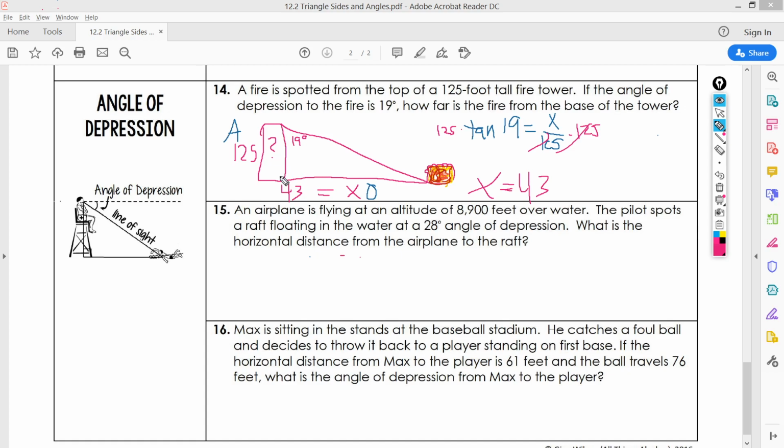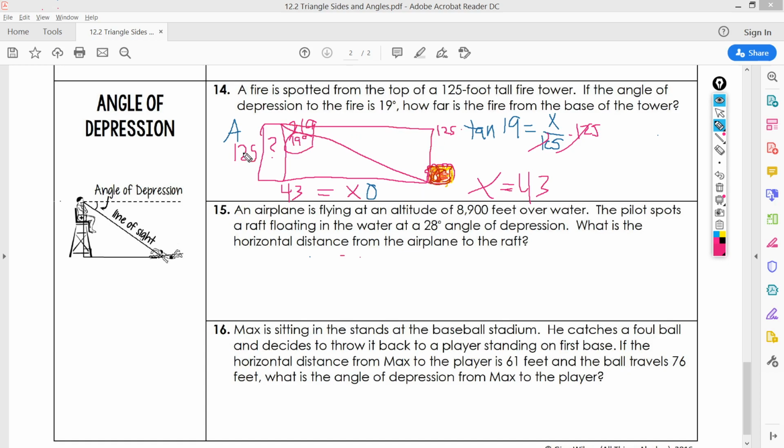Oh, you know what? Wow. Okay. I'm clearly tired, because the angle of depression should have been up here, 19. I don't think it changes anything, right? Let me think it over real quick before I put my foot in my mouth anymore. If this is down 19 degrees, this is our new triangle.